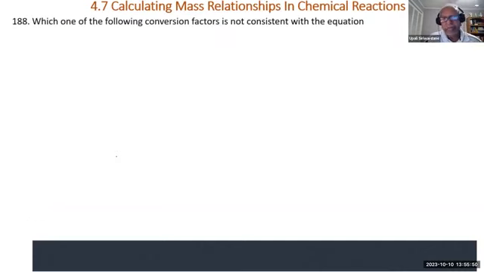So these are the stoichiometric calculations. You convert the number of moles of one formula to moles of another formula, then multiply by molecular weight or formula weight, molar mass, and you get the grams.